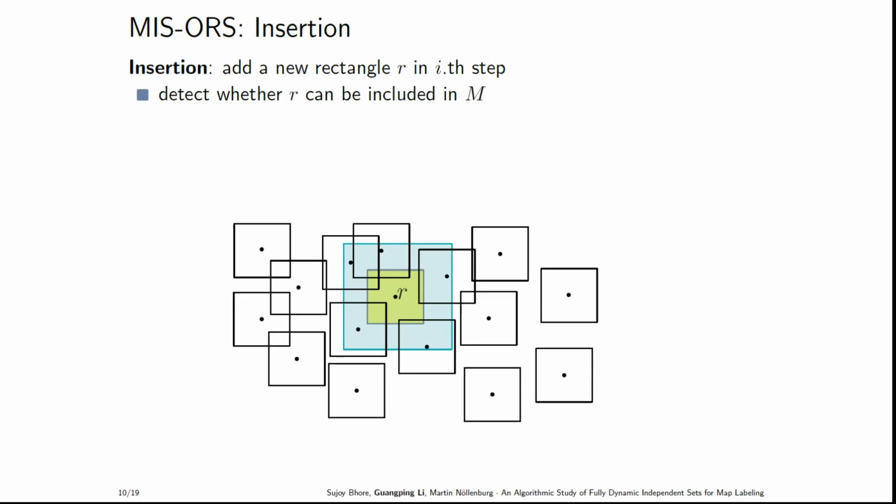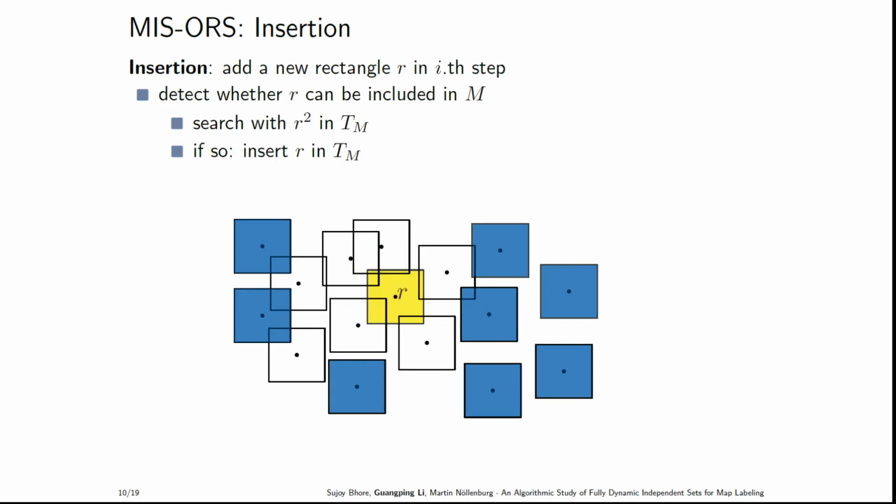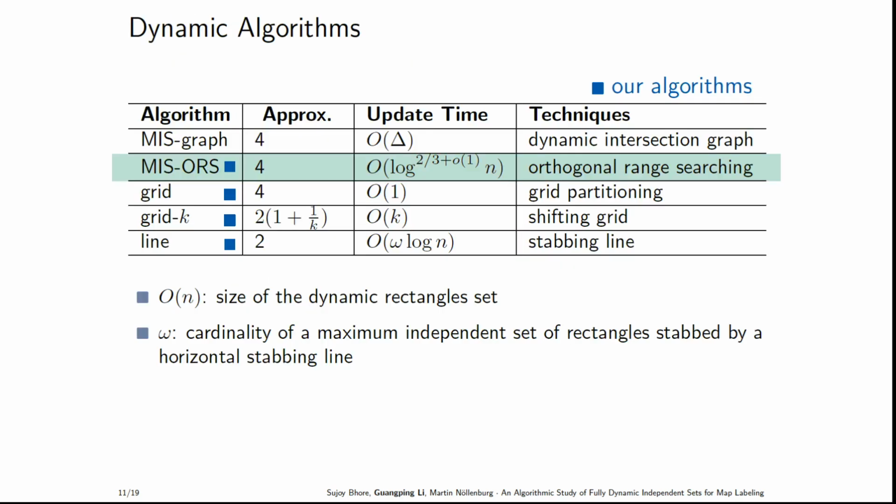If none of its neighbors is in the current solution M, then we could add this rectangle to the solution set. And recall that any unit rectangle can have at most 4 independent neighbors. Therefore, a maximal independent set immediately implies a 4 approximate maximum independent set.